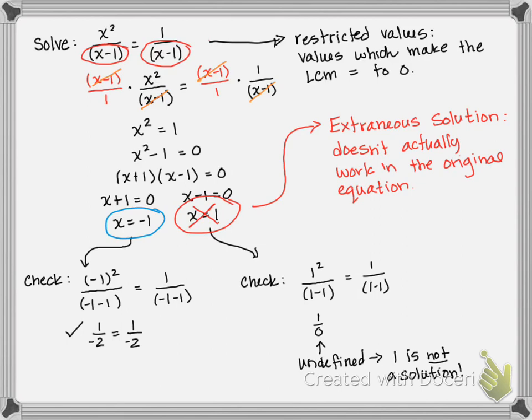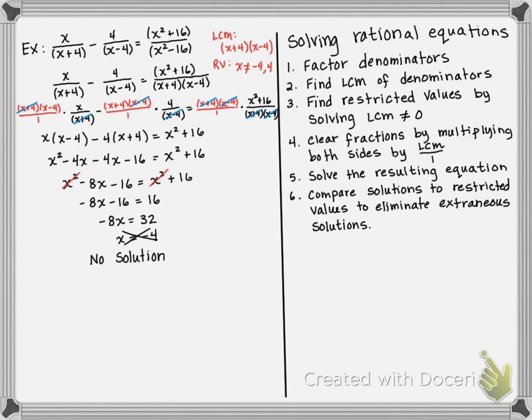So we had a solution here. If all of the possible solutions are extraneous, it means there's no solution at all. So it's possible to have all of your solutions not work. It's possible to have all of your solutions work. It's possible to have one work and one not work. It just depends on what you end up with.